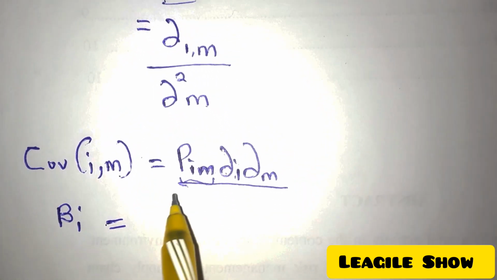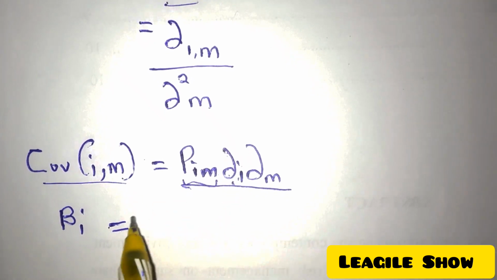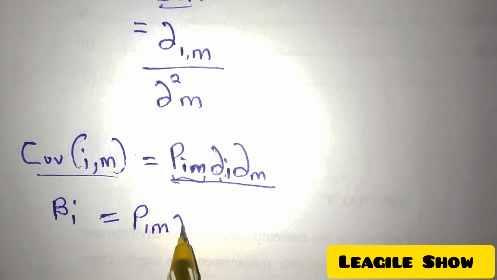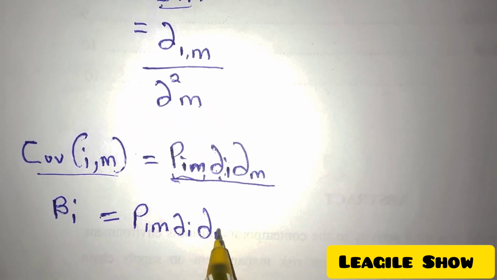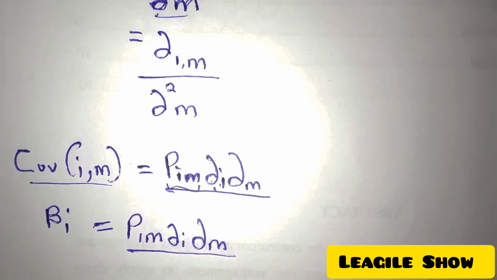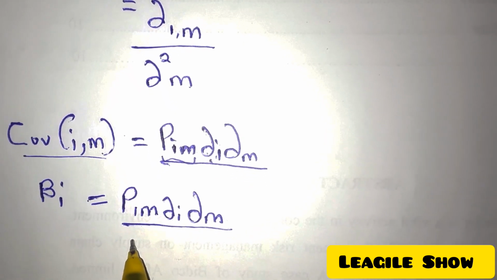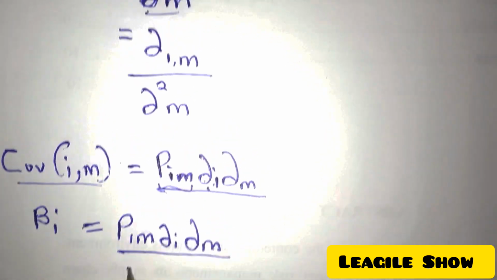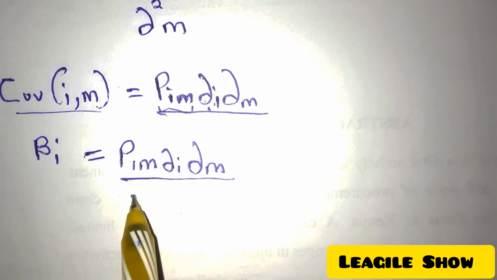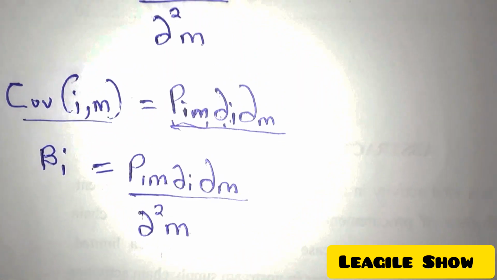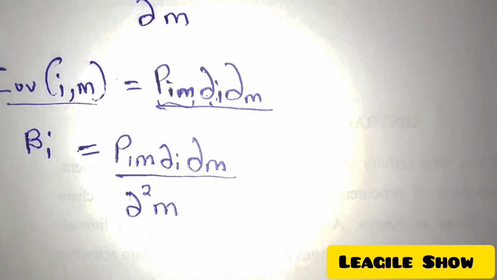So by replacing this value with this, we're going to have rho im sigma i sigma m over what remains at the denominator, the variance of the market index, which is sigma square m. There are some values which will cancel themselves in this case.